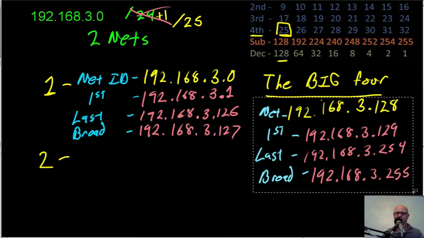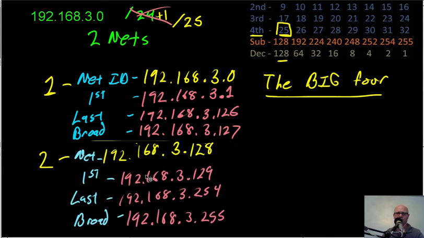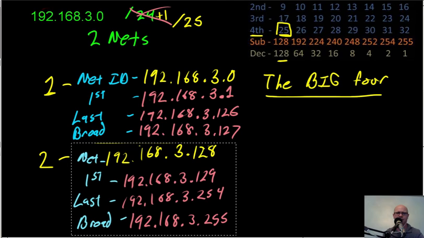And here we have the big 4 for our second network. So we can go out and utilize these numbers and start assigning them to devices, whether through DHCP or statically assigning.